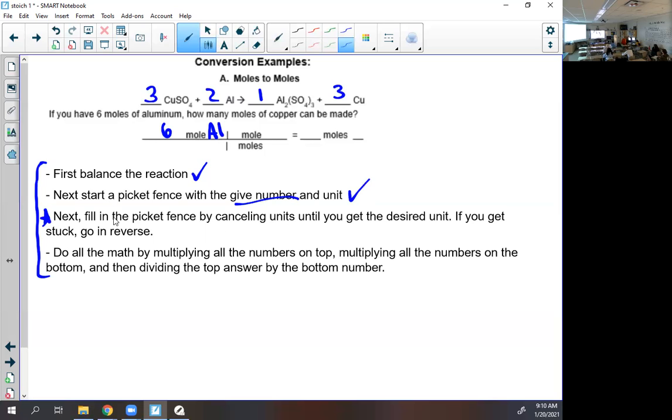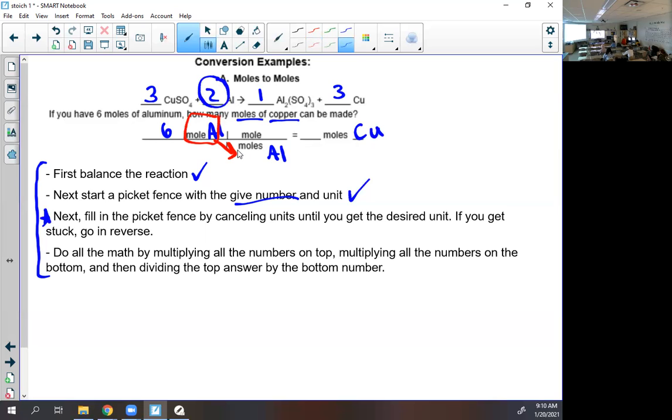What I mean by this is, I need to look at what answer this wants me to get. It wants moles of Cu. So you may remember from first try, this unit always goes down here. So this is moles of Al. Now look at the screen. The number that is moles of Al comes from right here.